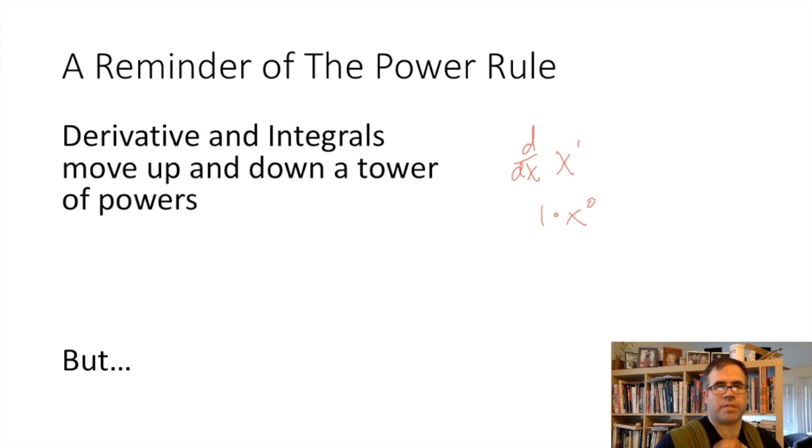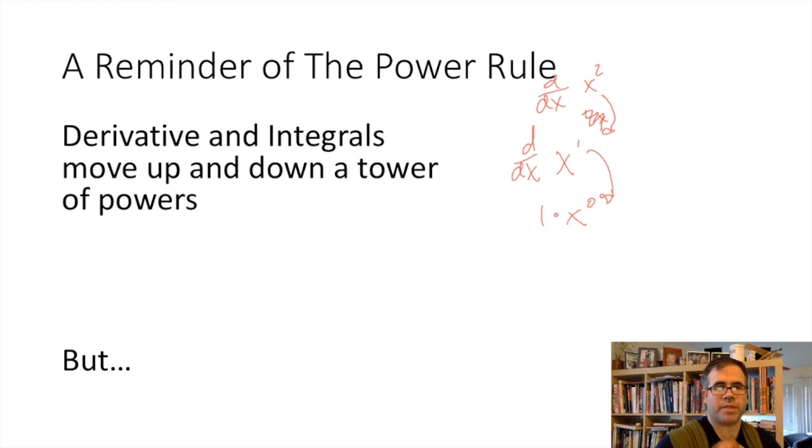So if you go one level higher, d/dx of x squared gives you 2x. If you take the derivative of something squared, you get a linear term. If you take the derivative of something linear, you get a constant term, so it's 0 power.